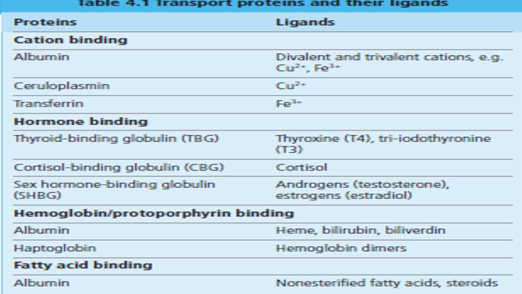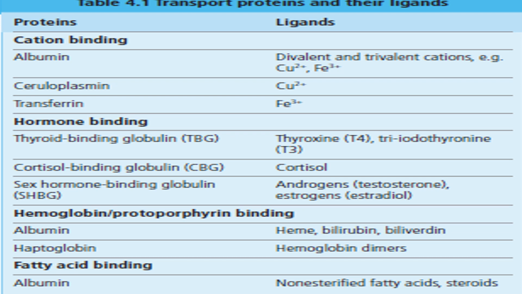And sex hormone binding globulins bind with the hormones which have a role in male and female secondary sexual characteristics, like androgens, testosterone, and estrogen, and the active form of the estrogen is estradiol. Then albumin binds with heme, bilirubin, and biliverdin.